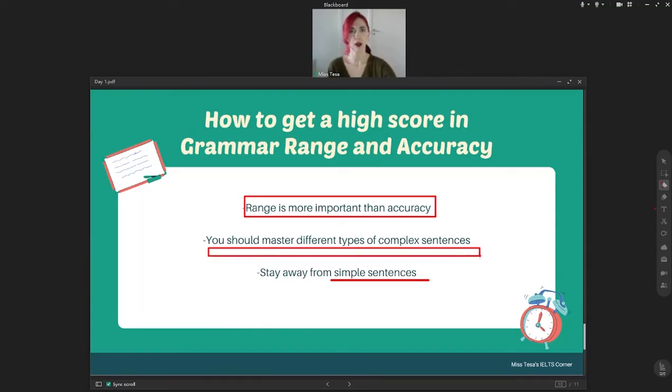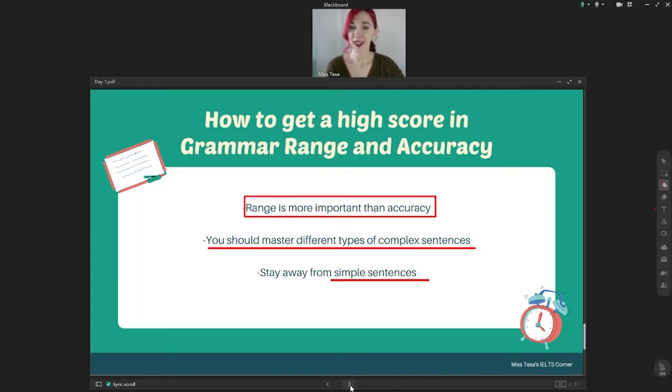So there are about 5 or 6 types of complex sentences, and you need to master them and write at least 4 or 5 types of complex sentences in order to get a high score in grammar. And I will leave a link below for an online lesson on IELTS Buddy that really explains the different types of complex sentences well. You can check that out if you want to see how to diversify your grammar.